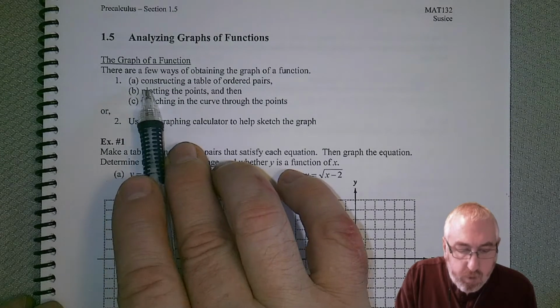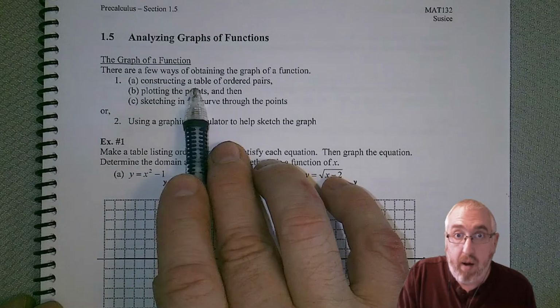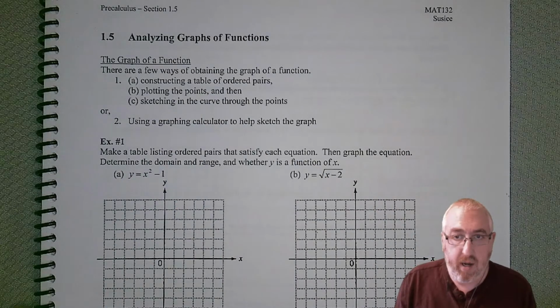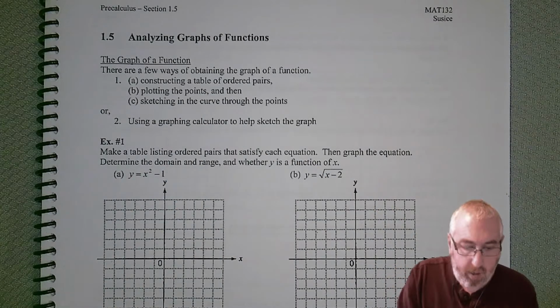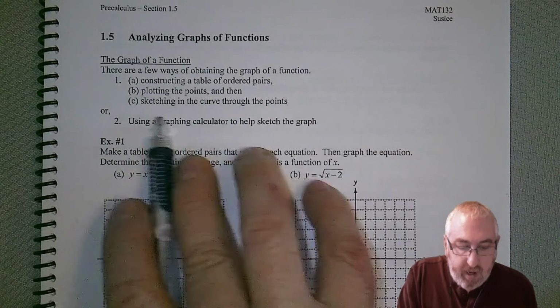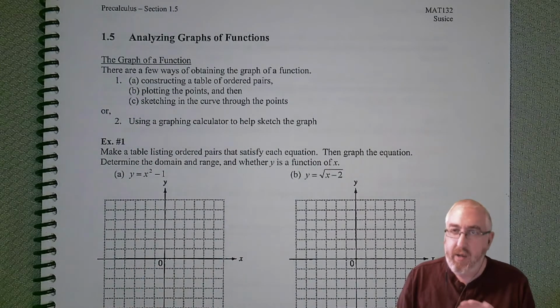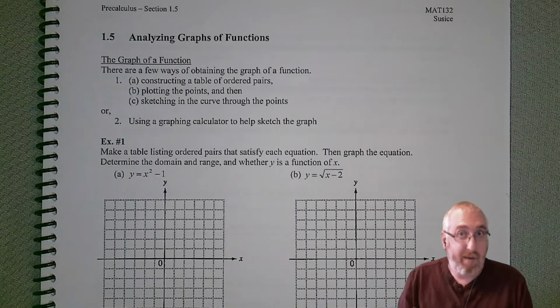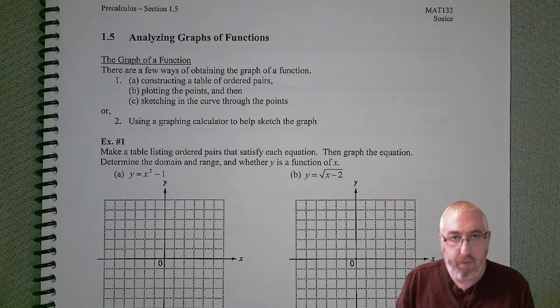One of the first ones is obviously we can use a table of ordered pairs. If we create a table, that's going to help us start to get a graph drawn. We could then plot the points and sketch the curve. Now we talked before about how that can sometimes be misleading depending on the complexity of the equation you're looking at. Same idea for functions.